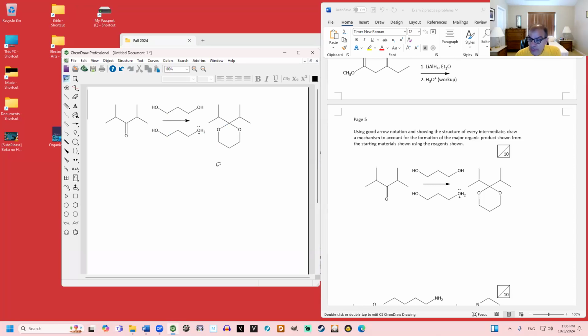So you need to know that 5 and 6 membered rings are especially easy to form. 3 and 4, not so much. 7, not so much. But for 5 and 6 membered rings, the atoms are all in just the right place to close that ring. Let me just do a thing over here.